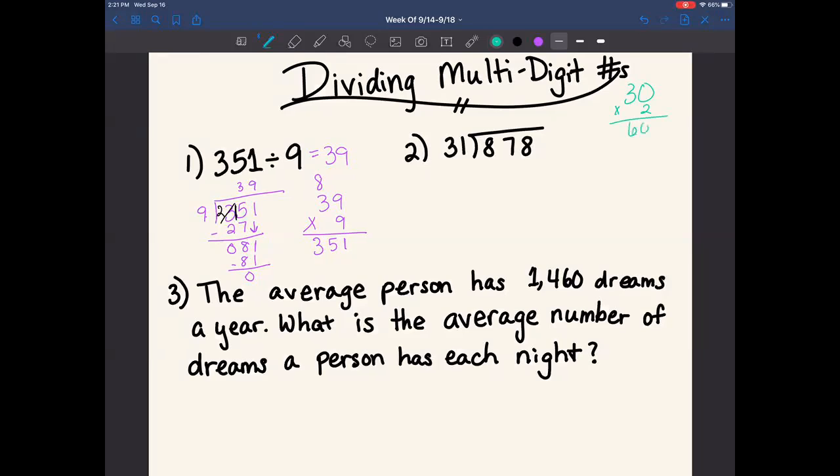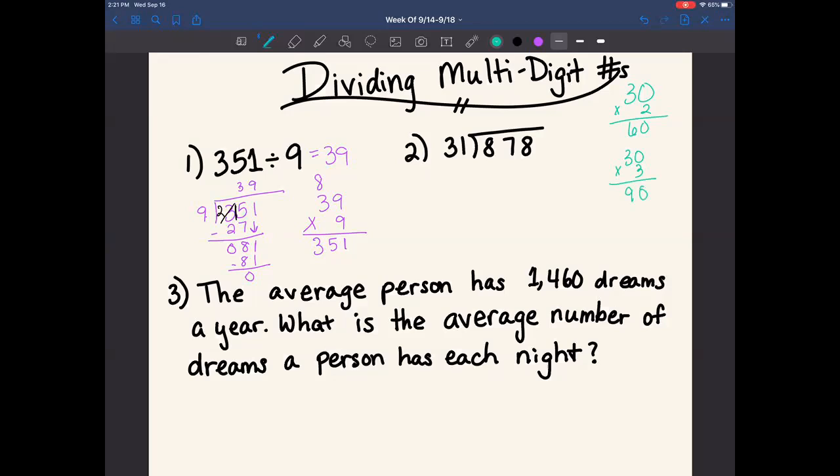Because I just need to know that 3 times 2 is 6, and then I just throw that 0 on the end. Okay, so 60 is close to 87 without going over, but I want to check 3, which is going to be what? 90. Because 30 times 3 will be 90, it's going to be a 9, and I keep that 0 at the end.